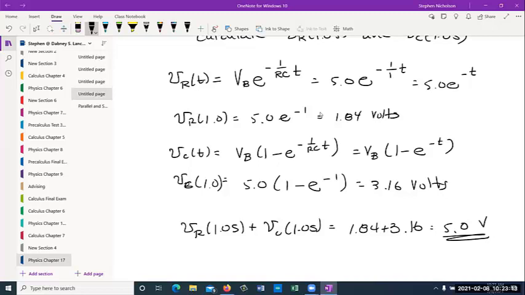It turns out this number here is 62%, I think, of 5 volts. Let's see, take 5 volts times 0.62, you'll get 3.1. So that's a key characteristic. If you know the time constant, you know how long it takes for this voltage to be approximately 62% of the original voltage, and this one would be 39% of the battery voltage.